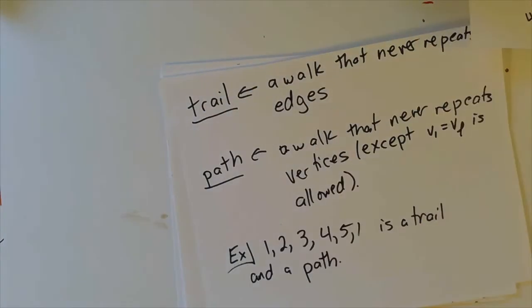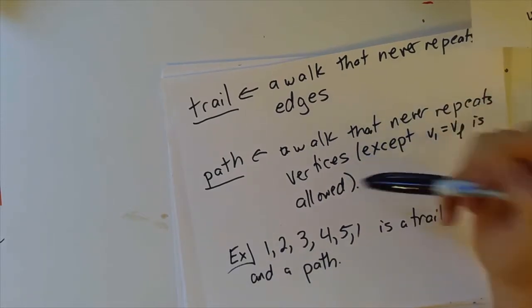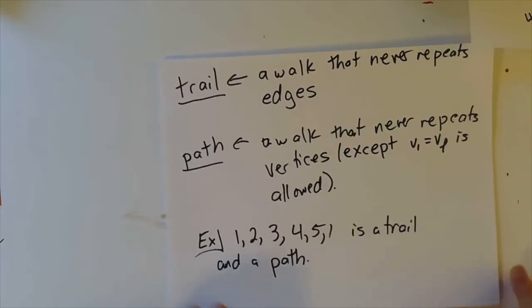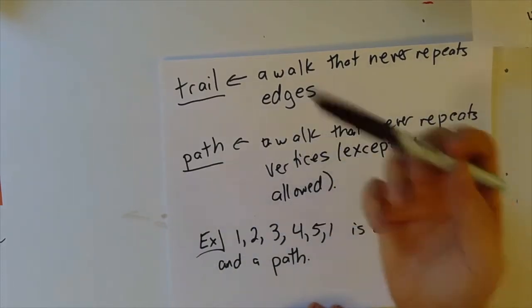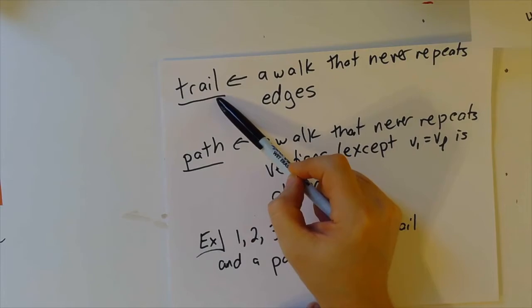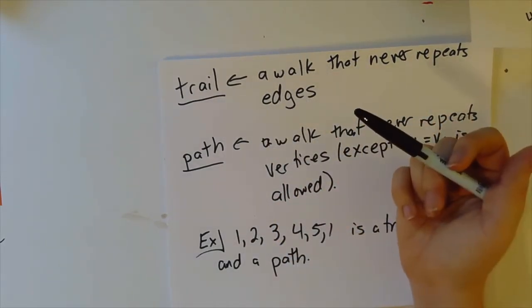So we'll end up talking about both of these flavors specifically, and we'll end up talking about a bunch of variations on these. So we'll talk about, for example, is there a trail that visits every edge? And so you might have heard of the Königsberg Bridge problem. We'll talk about that.